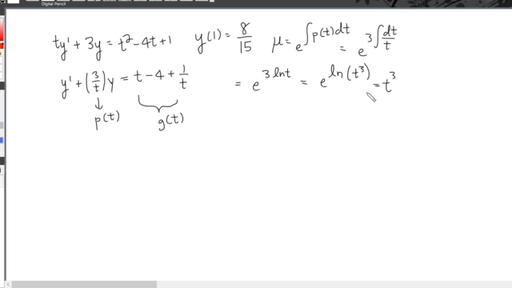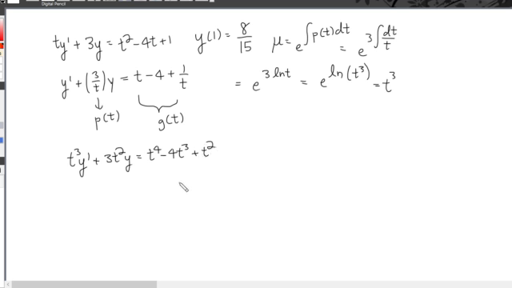So our integrating factor should be t cubed. Okay, so let's multiply that to this equation, and we get t cubed y prime plus 3t squared y is equal to t to the power of 4 minus 4t cubed plus t squared.